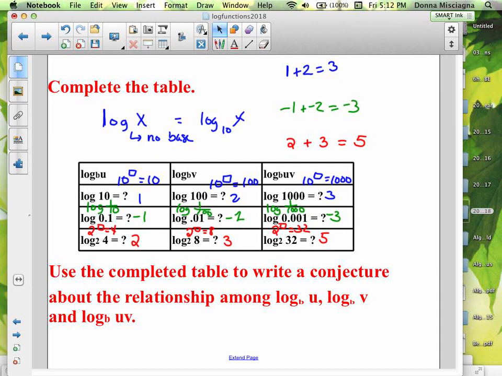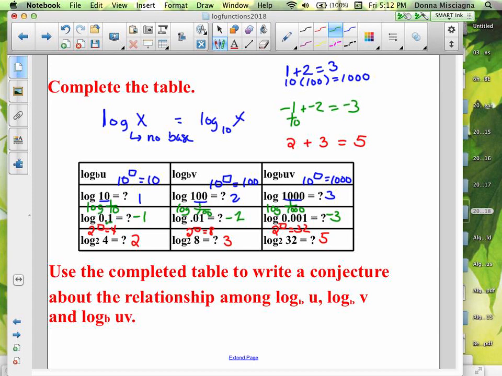Let's see, what else did I notice? I noticed that if I were to take the result, what we're taking the log of, and multiply those together, so 10 times 100, I would get 1000. And if I were to multiply 1/10, which is this one right here, and 100th, I would get 1000th.